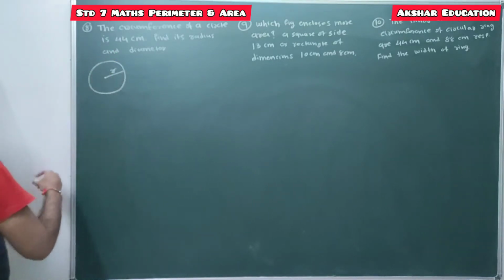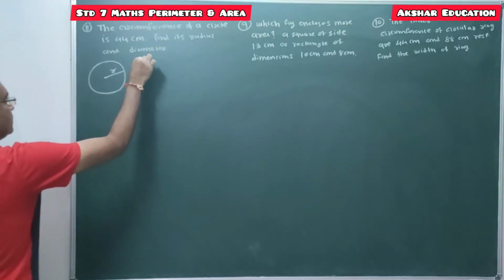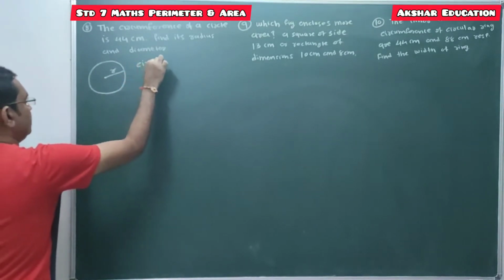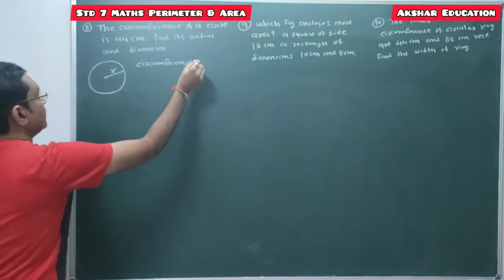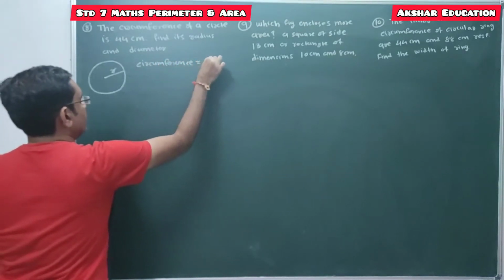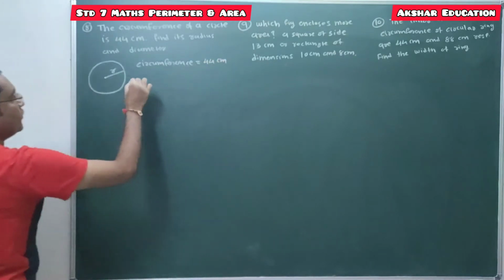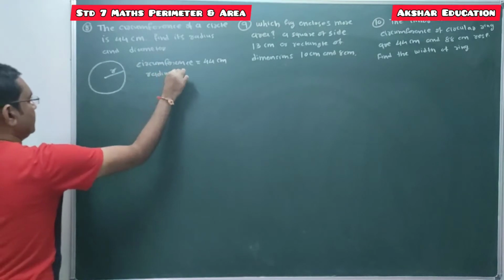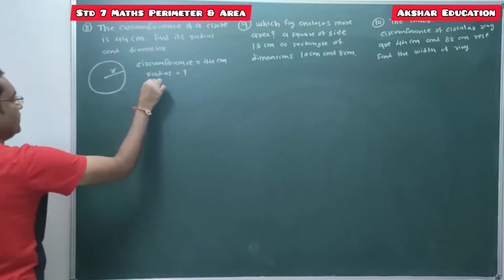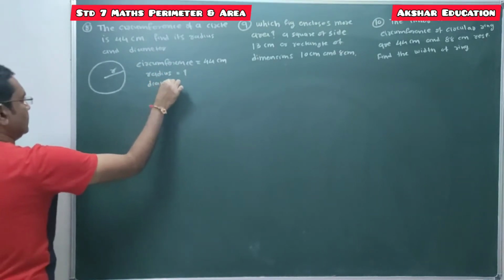Here the value of circumference is 44 centimeter. The question is to find the value of radius and diameter of this circle.